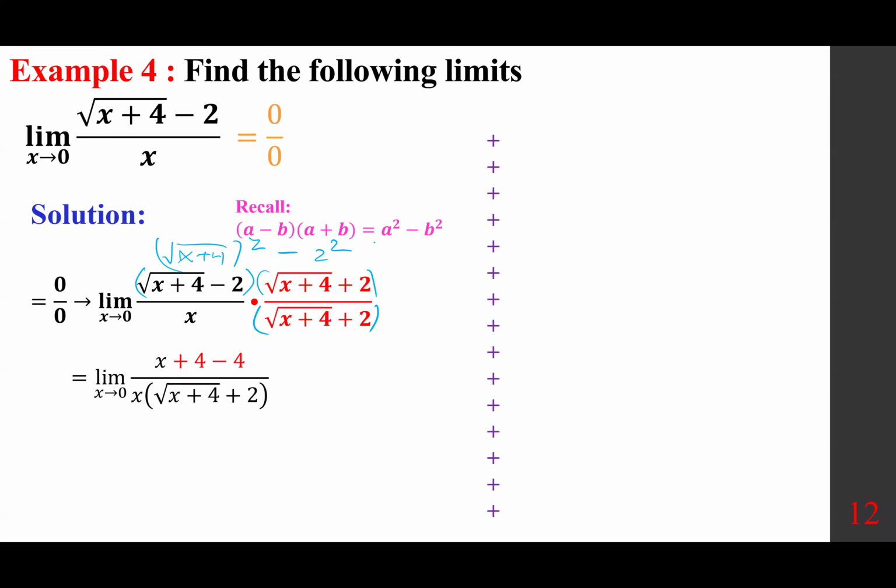We get x plus 4 minus 4. 4 and negative 4 cancel each other. X cancels out the x, you get 1. And now if you plug in, you get 2 plus 2, 4 in the denominator. 1/4 is the final answer.